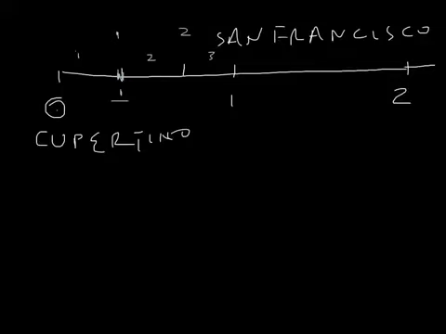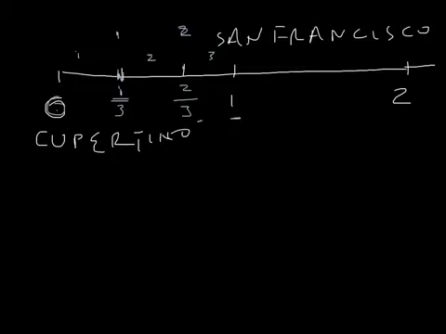So 1, 2, and 3. So I'm going to call it 1 upon 3. This part is the second city that we are staying in. There are 3 equal parts, so I'm going to call that 2 upon 3. So now we have, starting with 0, we're going to 1 upon 3, then we have 2 upon 3 here, and then we reach 1.